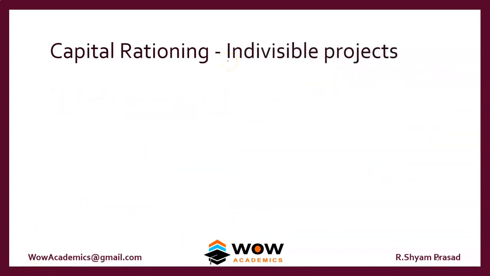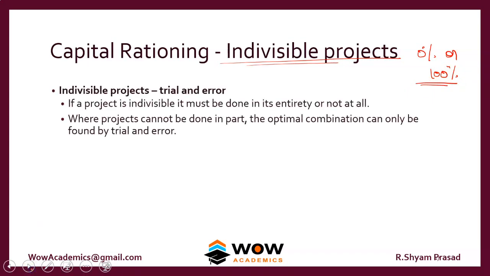The second method is capital rationing with indivisible projects. The projects are indivisible. Either you have to invest 0% of your money, or you can invest only 100% of your money. It is not partly investable. For solving indivisible projects, you have to use something called the trial and error method.